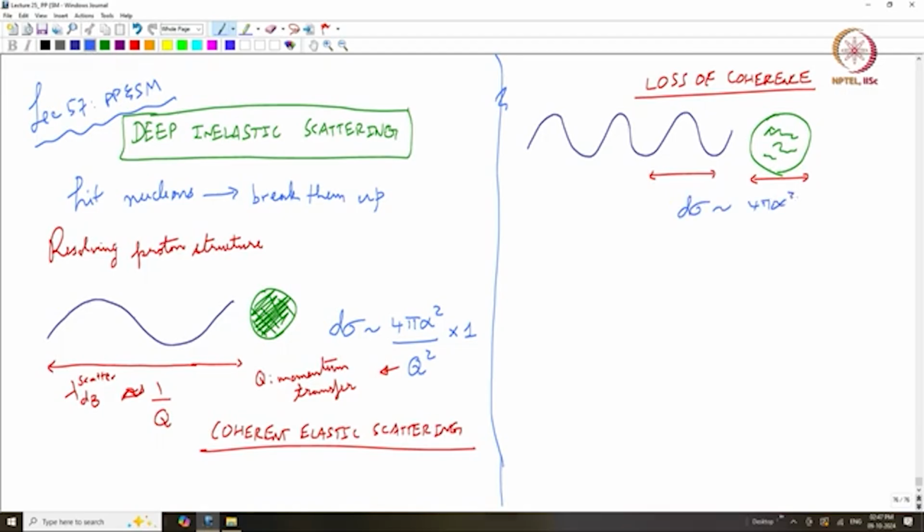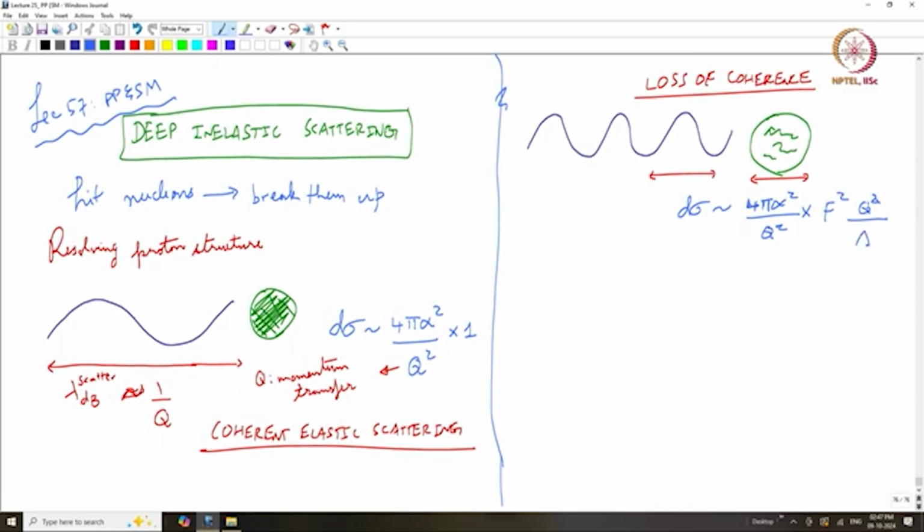So now the way you would write the cross section is, you still start by writing alpha squared over q squared. So here I am thinking of basically a photon as the probe. Okay, that's why I am writing alpha squared, the fine structure constant of electromagnetism. But to capture that loss of coherence, I am going to multiply it with not 1 now, but a function that is smaller than 1.